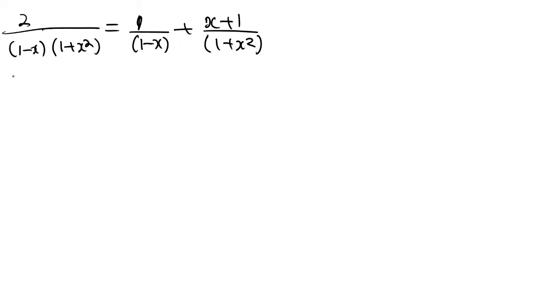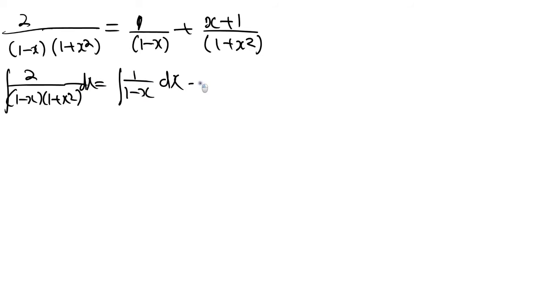Okay, now take integration. Therefore integration of 2 by (1 minus x) into (1 plus x square) is equal to integration of 1 divided by 1 minus x dx plus integration of x plus 1 divided by 1 plus x square dx.